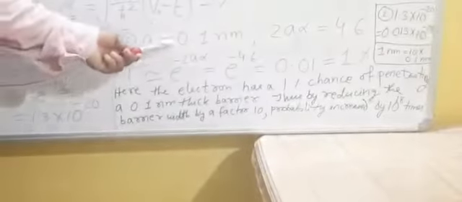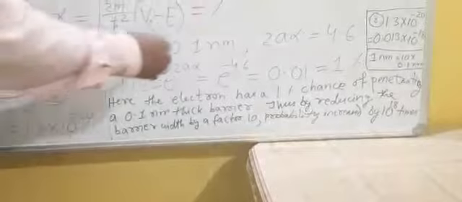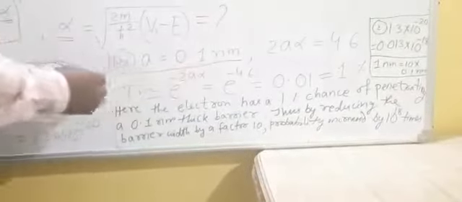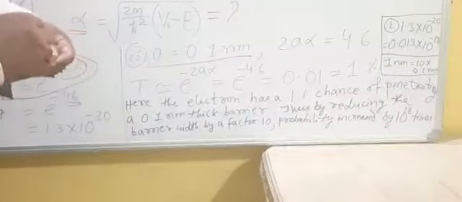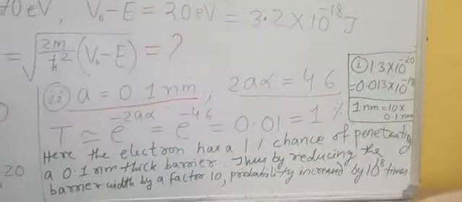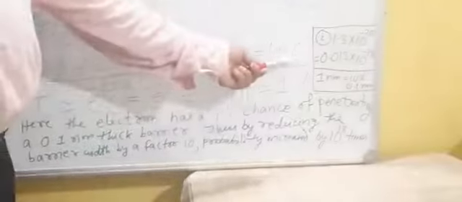Then come to the second case. Second case, a is equal to 0.1 nanometer. So only this value changes. When this value changes, 2a alpha will be 4.6, because it was 46 before.